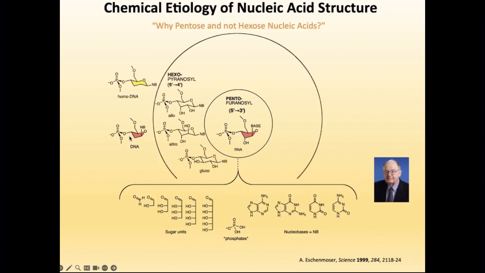As a synthetic organic chemist, he started putting in different sugars. He took the ribose out, put the different sugars in there, and saw what the base pairing properties are. It turns out that they have very little or no Watson-Crick base pairing, which brings backbones together to form a double helix.